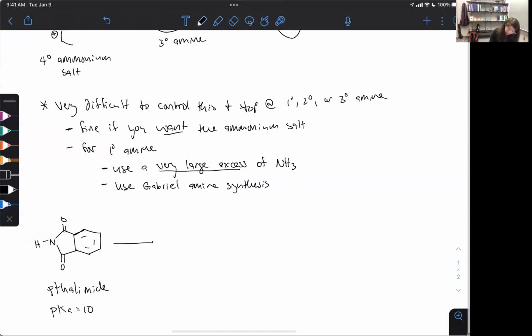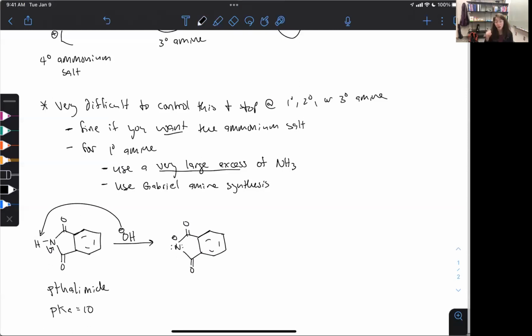So all we need is just some hydroxide base. And once we have that hydroxide, we can just deprotonate that phthalimide. Okay, once I'm here, it's a highly delocalized negative charge, so it's nice and stable, very good for just kind of chilling around.